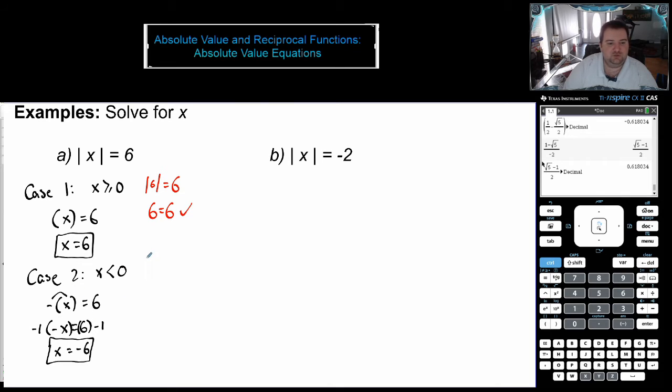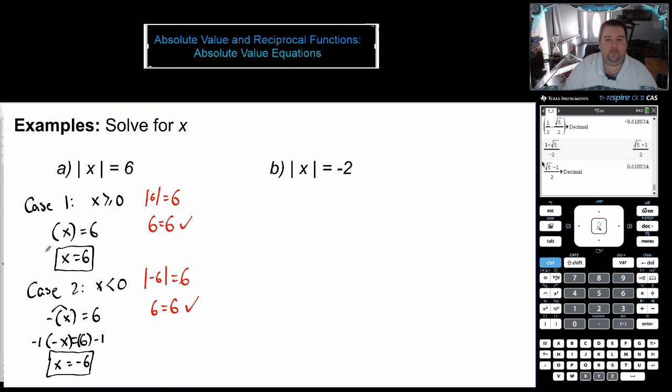Let's try our solution for case 2, which is that x is negative 6. Is the absolute value of negative 6 equal to 6? Well, the absolute value of negative 6 is 6, and 6 equals 6. So there were two cases: one where this was a positive number or equal to 0, and one where it was a negative number.